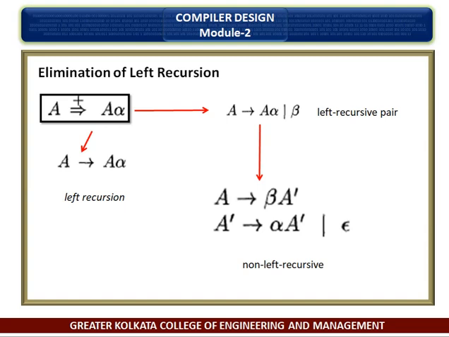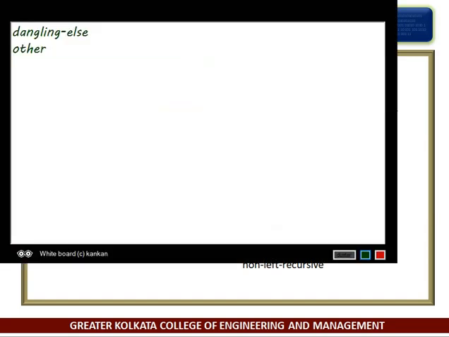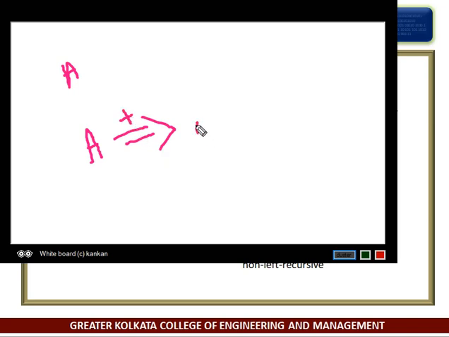A grammar is left recursive if it has a non-terminal A such that there is a derivation A derives A alpha recursively, directly or consecutively, in zero or more steps.